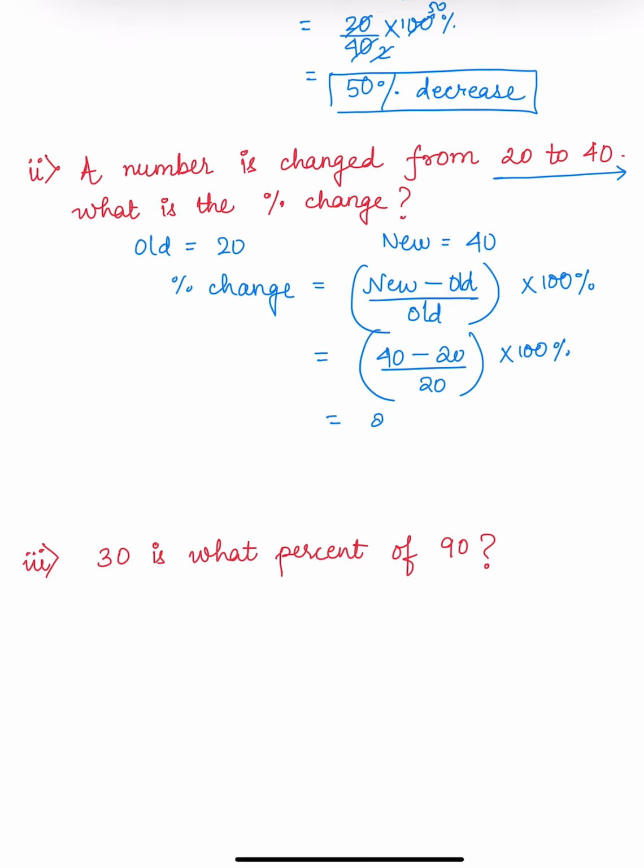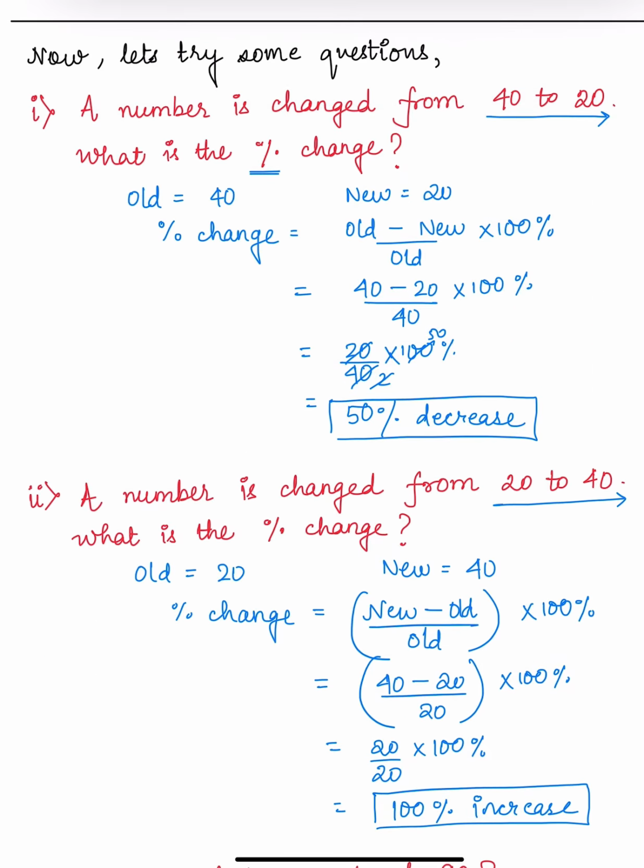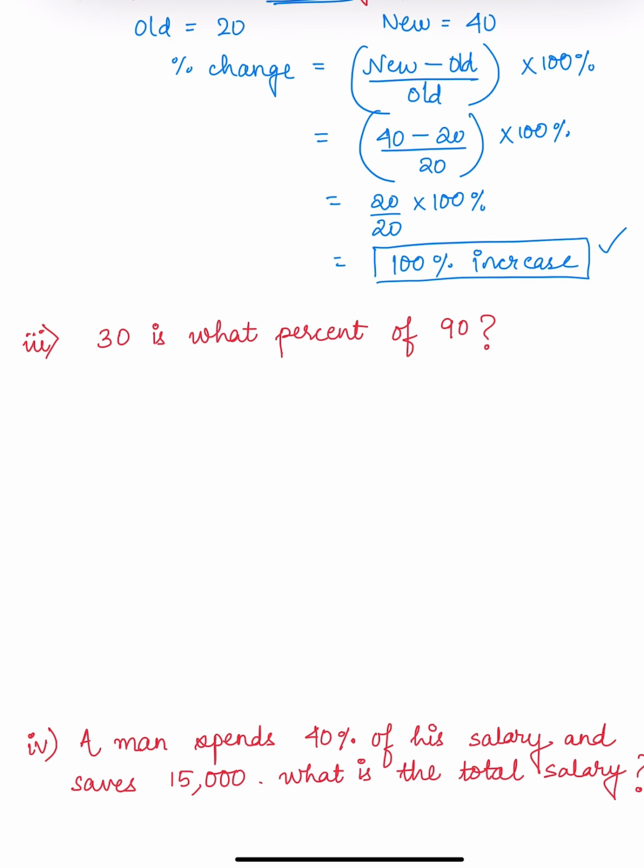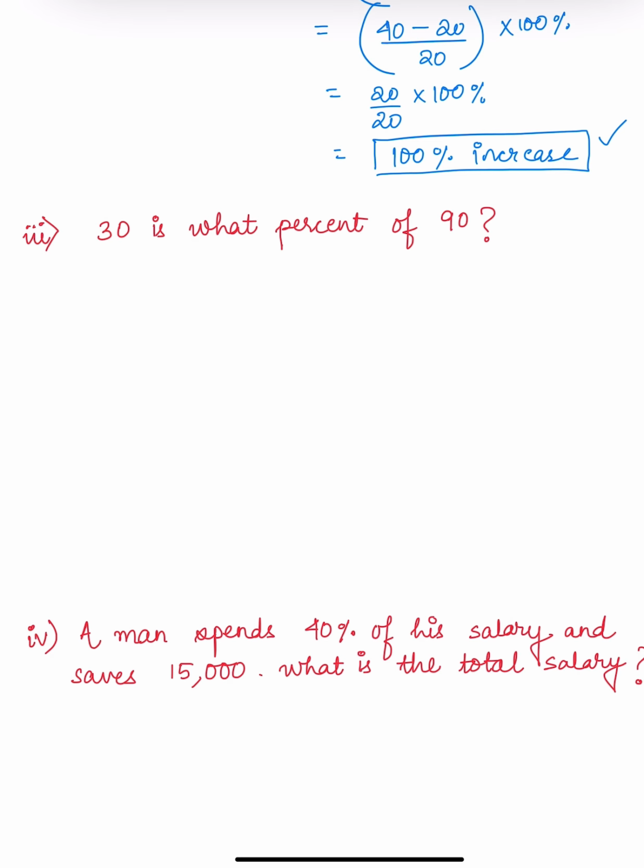So that is 20 by 20 into 100%. So that is a 100% increase. The interesting thing is, even when we have the same two numbers and we need to find the percentage change for the increase and the decrease, we get completely different numbers. So we need to be very careful of what we are putting in the denominator and how we are calculating it.